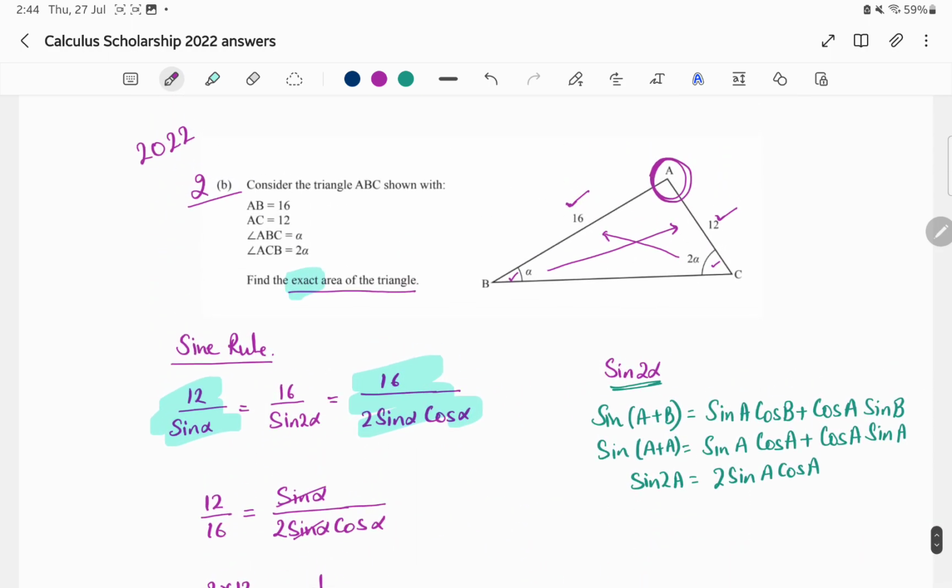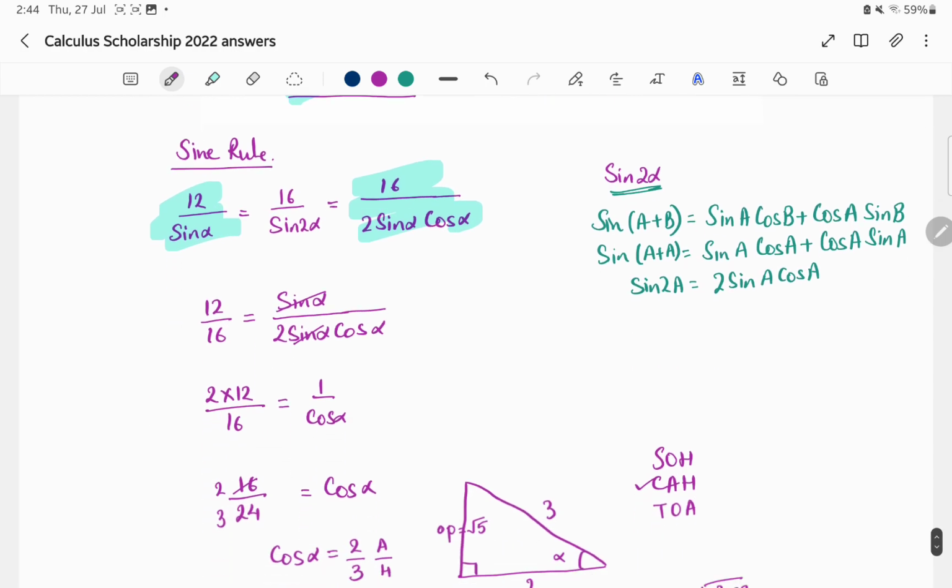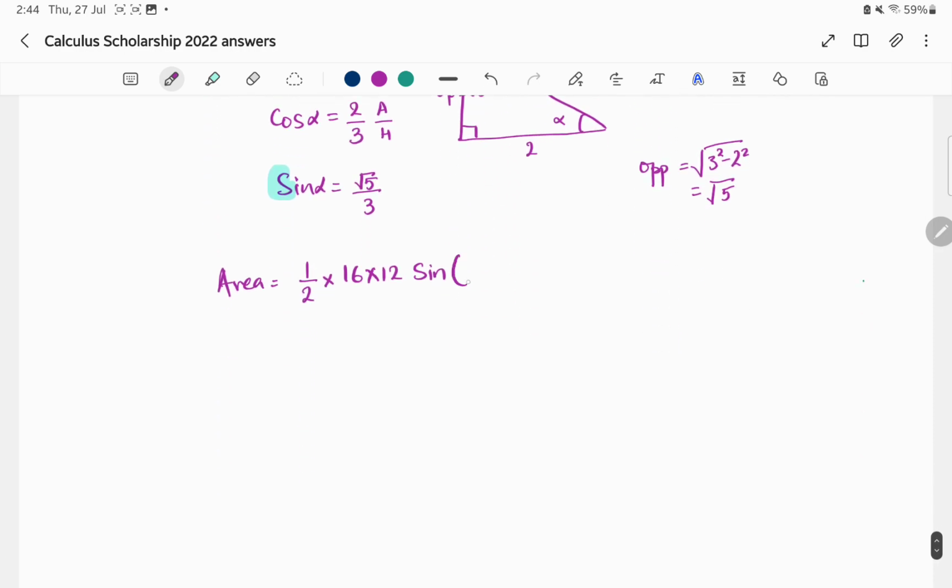So here the angle will be 180 degrees take away 3 alpha, and we can write it as pi minus 3 alpha. Cool. So let's use that. Half of 16 is 8. 8 times 12 is 96. Sine pi minus 3 alpha.